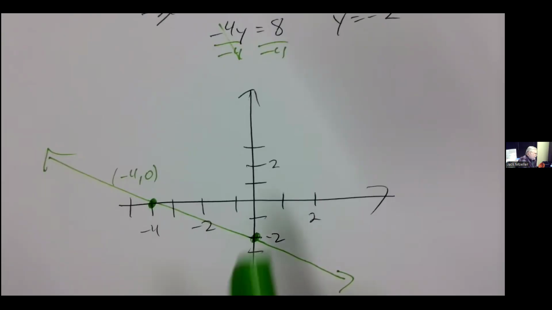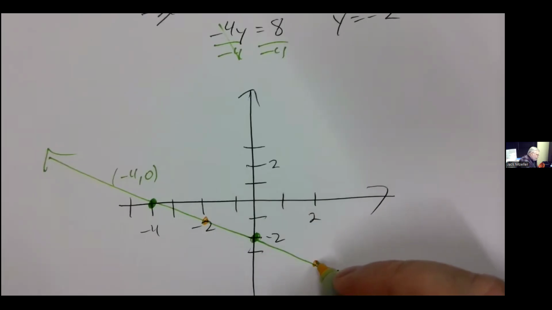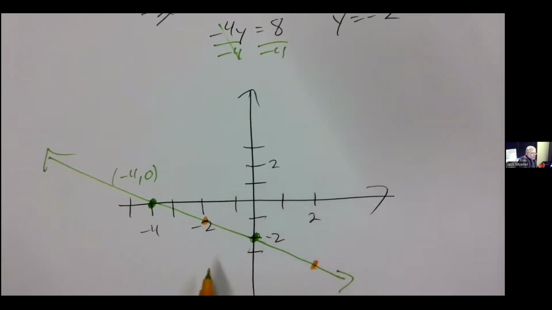Like I said, if you had done different points, if you got that point or that point on the line, notice that those points still make the same line. But MyMathLab, if they say specifically plot using intercepts, they're basically checking for that.